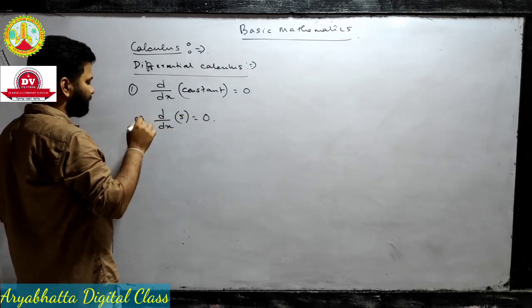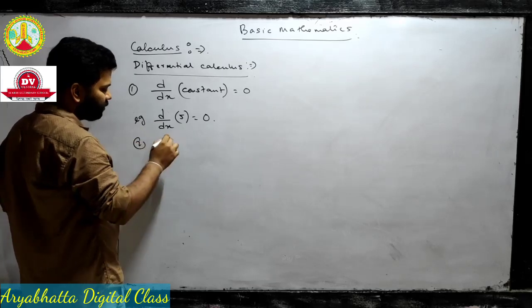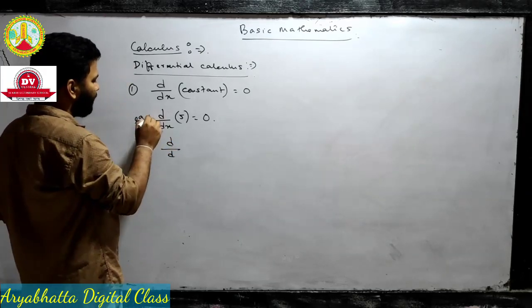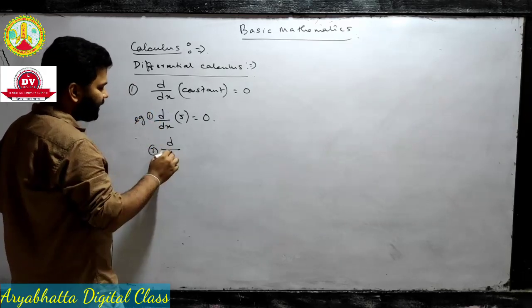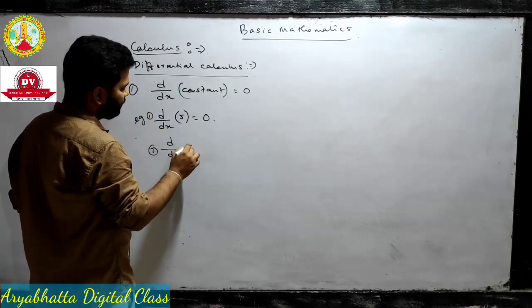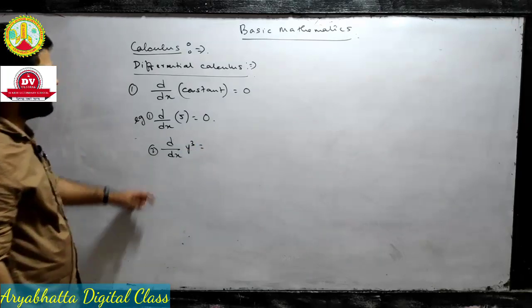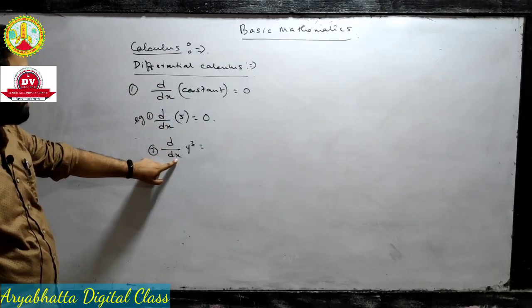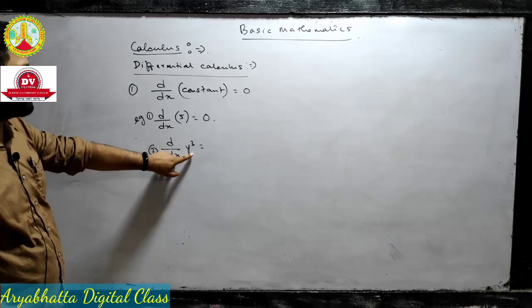This is example 1. One more example, this is example 2. d/dx of y cube. Acha, in d/dx, what is the variable here? The variable here is x, but this is y.